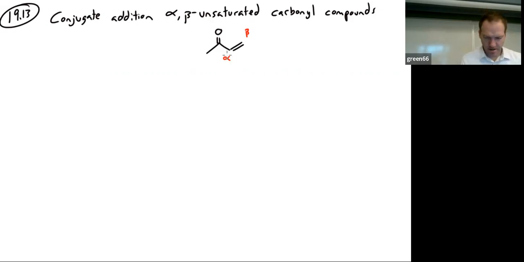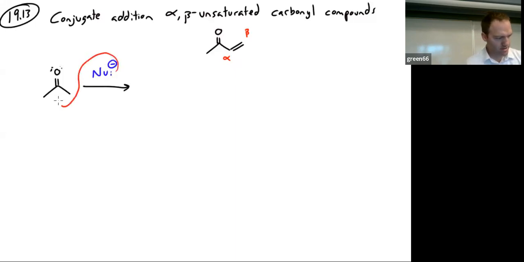Okay, so let's go through this. We have been talking about, in the recordings, having a carbonyl compound where a nucleophile directly attacks the carbonyl carbon. That pushes the electrons onto the oxygen.